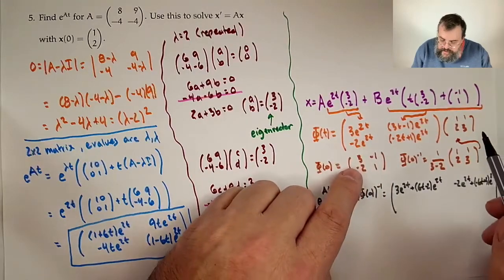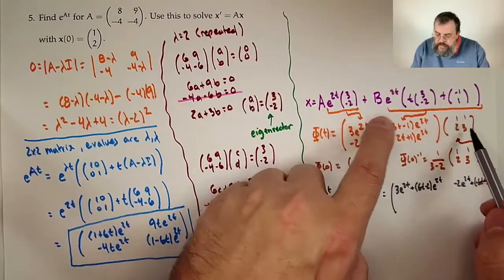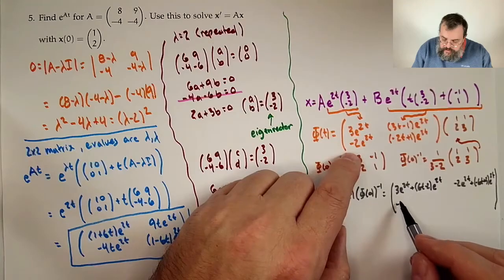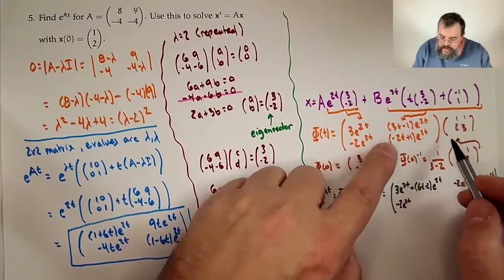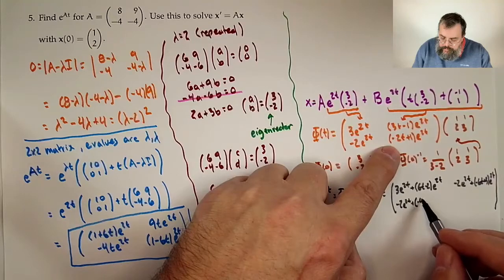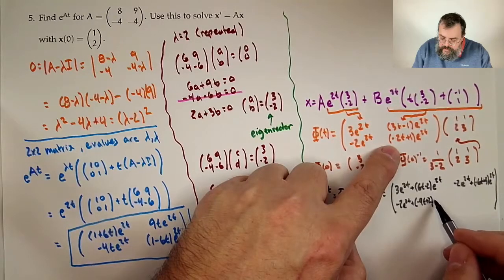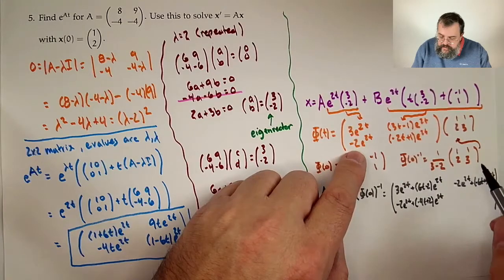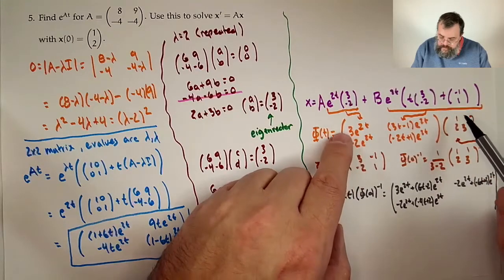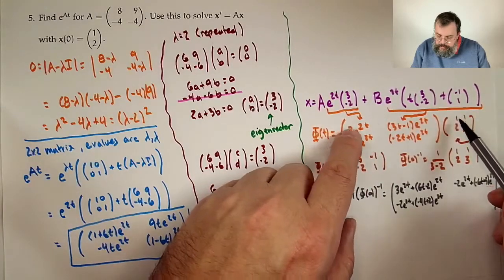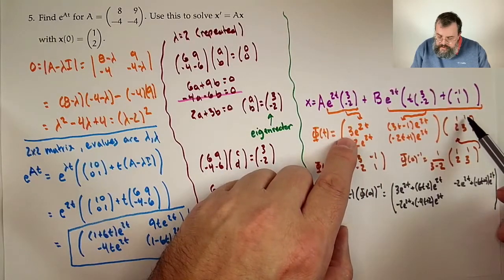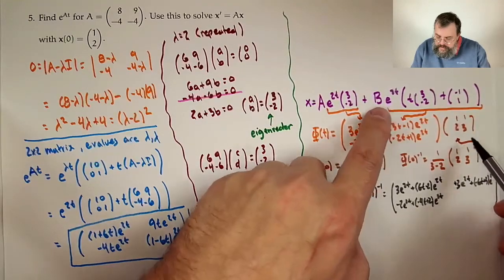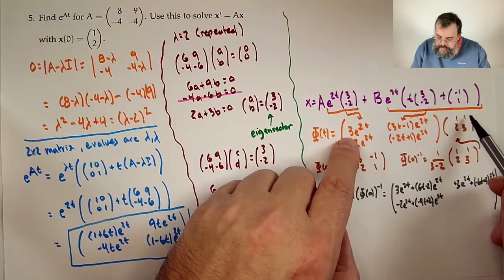I hope I can fit this all in. Going down, we have minus 2 e to the 2t, and then plus minus 4t plus 2 e to the 2t. And last, minus 2. Wait, hold on. I feel like I've done something wrong here. Oh, yeah. This minus 2 should be a plus 3. Yep, I did it wrong.